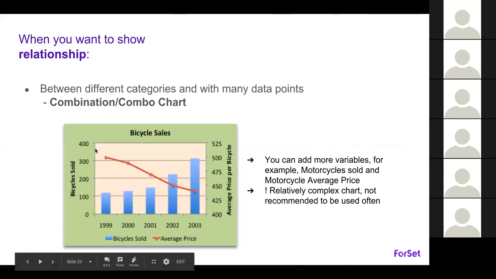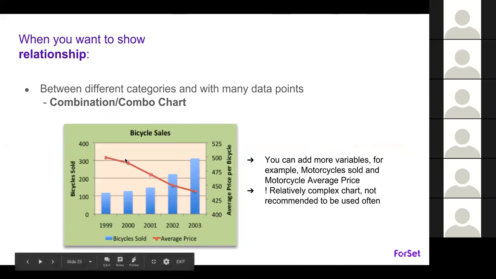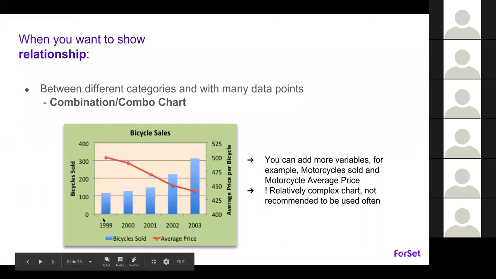If you look at the axis on the left, we have the number of bicycles sold, and this red line, for which we have the scale on the right side, is the average price per bicycle. It shows the relationship quite well because we see that as the average price is decreasing, the bicycles sold are increasing.